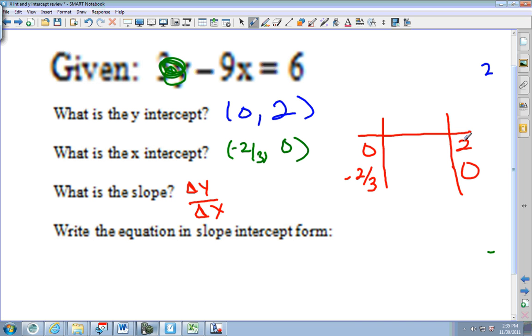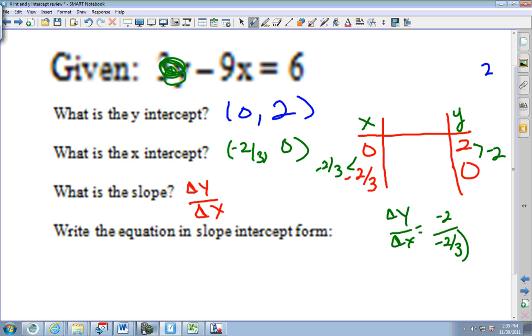So I have x then y, and I do the change in y, I have minus 2. The change in x, I have minus 2/3. Well, delta y over delta x, negative 2 over negative 2/3. Ooh, that looks kind of crazy, but it won't be too bad, especially since we have the calculators.